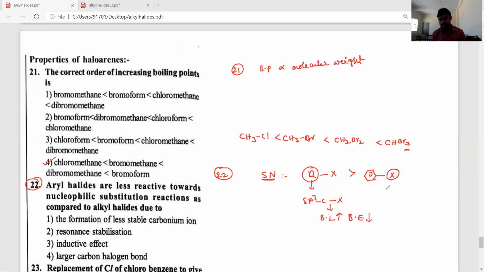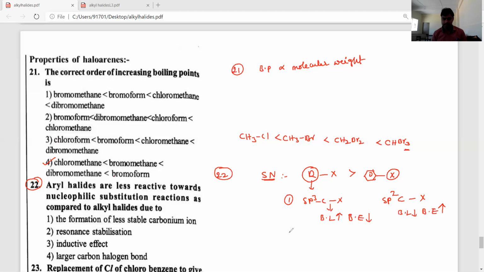In aryl halides, the halogen is attached to an sp2 carbon, so bond length is less and bond energy is more. If bond energy is more, the reactivity decreases. So that is one important reason.